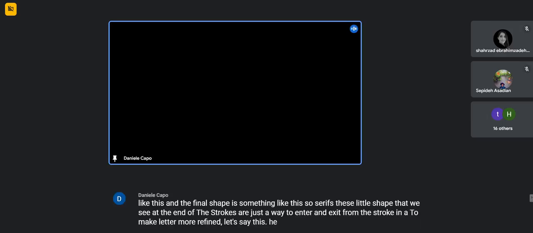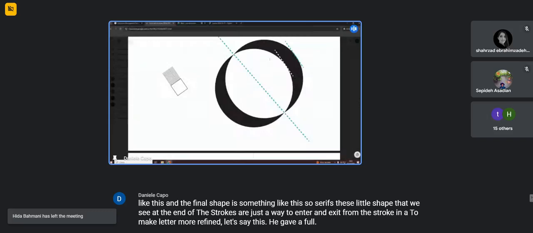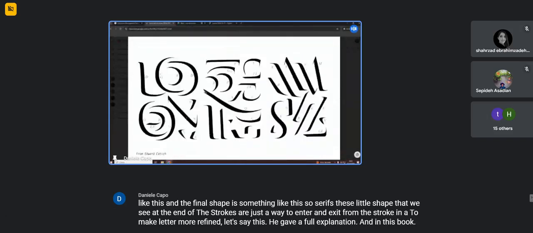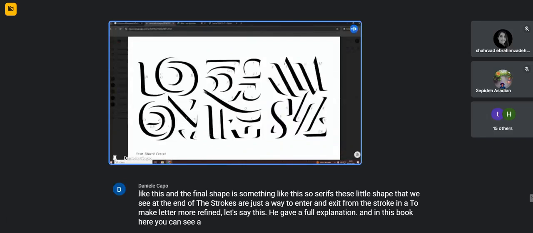He gave a full explanation in this book. Here you can see a summary of all the parts that compose letters.